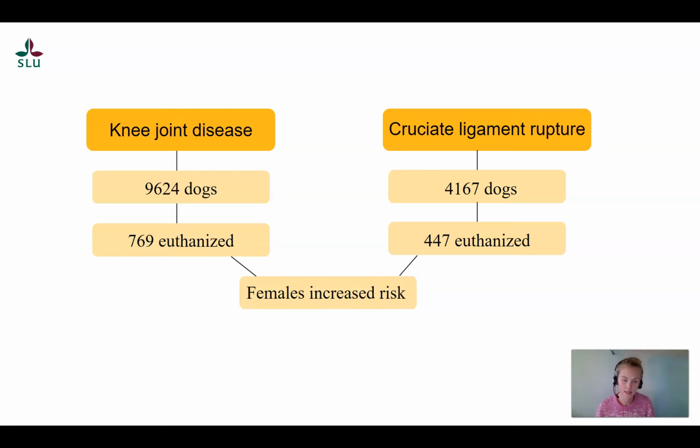Females had a slightly increased risk of both knee joint disease in general and also cruciate ligament rupture. Dogs were generally affected when they were middle-aged, even though the time of disease onset varied between different knee joint disorders.